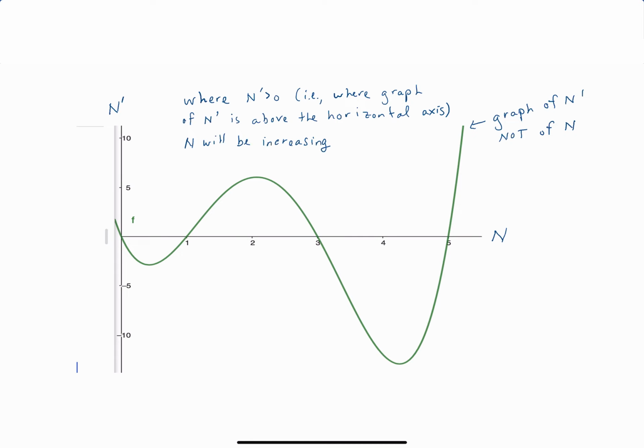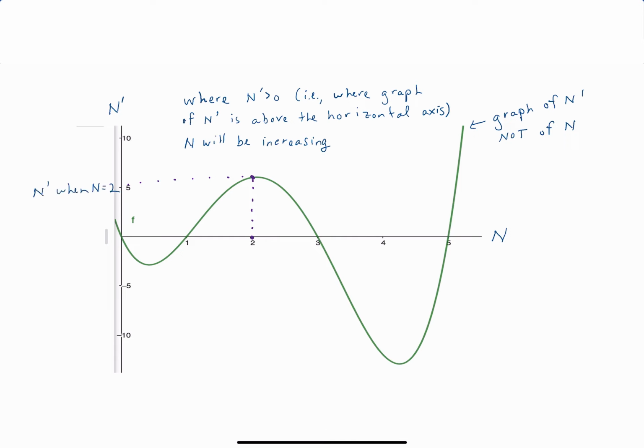Let's take a look at a few sample population values and what will be happening with them. Suppose the population happens to be 2, and it's happening at some time, but we don't know anything about time and we're ignoring it. So I look at the sign of the derivative. This height here is N prime when N equals 2.